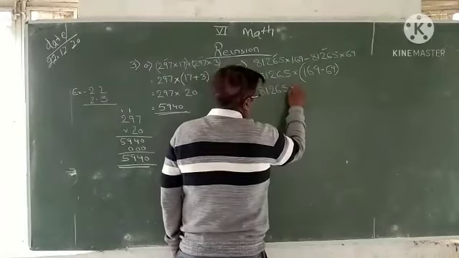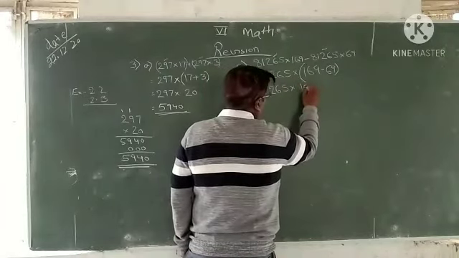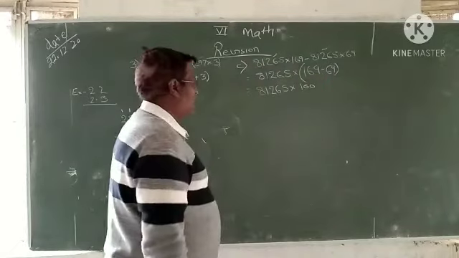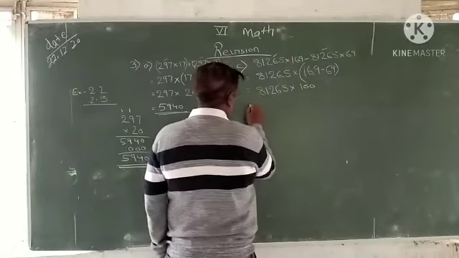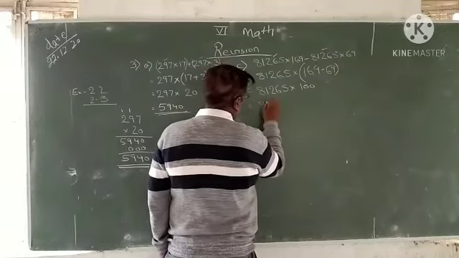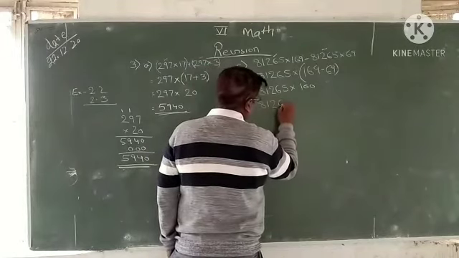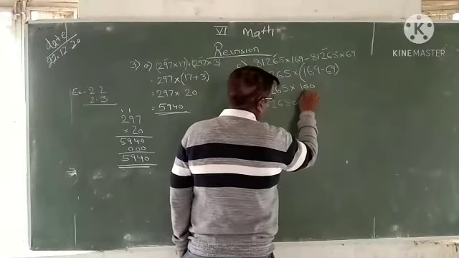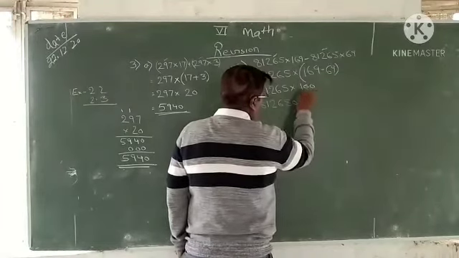81,265 needs to be multiplied by 100, since 169 minus 69 is 100. Your answer will be 8,126,500 because we have two zeros over here.